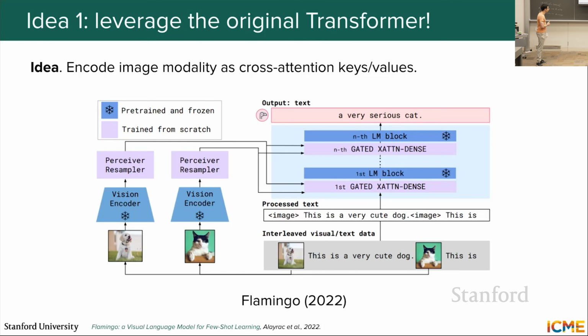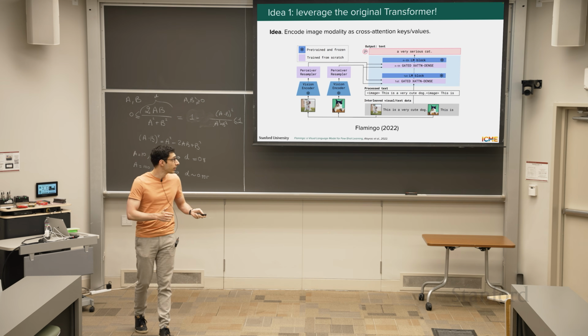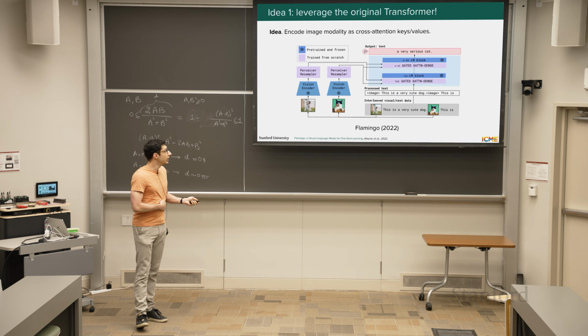There is one example here that we can cite of a model that did so: Flamingo by Google, where images are given as keys and values, and you have some placeholder token that gates when it's fine to attend to these images. So this is one possibility.